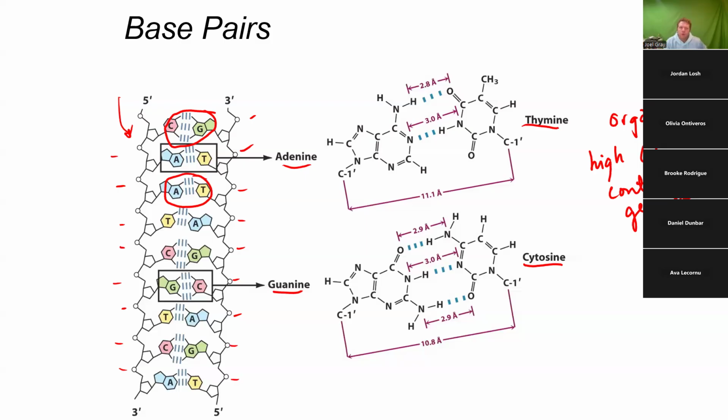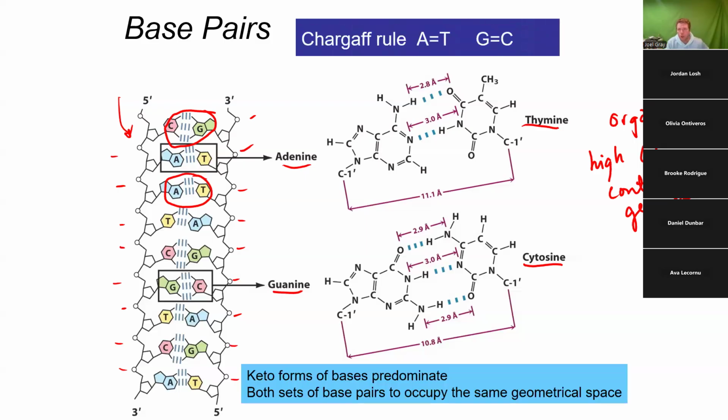Now, with that in mind, A and T, G and C, those are all of your base pairs. G is not going to pair up with T, and C is not going to pair up with A. So if I were to say, and this is what's known as Chargaff's rule, let's say that I told you that you had 28% of a genome that was G. You might say, "Oh, cool, thanks for sharing that information.